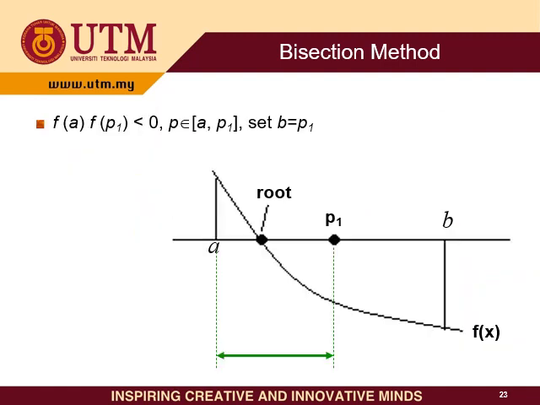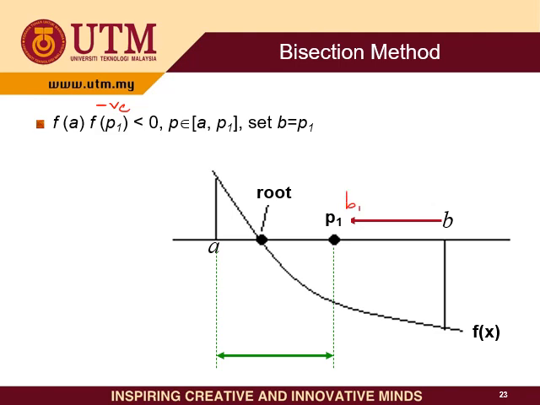Alright, this is the first possibility that we just discussed before, where we can see that if f(P1) is negative, which is less than 0, then P1 will be the new B, which is the B1 for the next iteration.